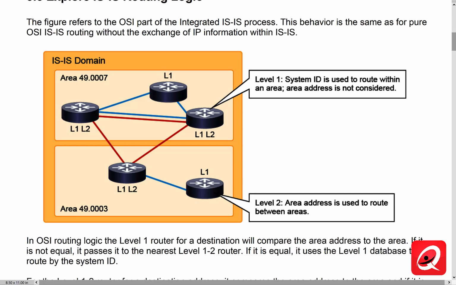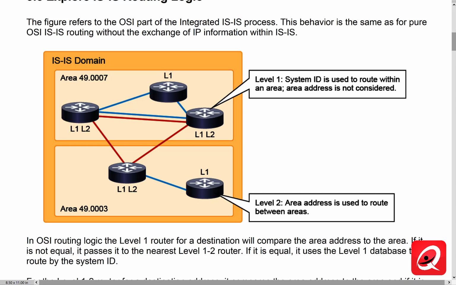So when a host needs to do some sort of routing to another host, the packet goes to one of the routers on the network that's directly attached to the same subnet or same broadcast domain as the host. If the destination host is in the same area, the router then searches for the destination system ID and forwards the packet based on least cost routing, based on the overall path cost to the destination.